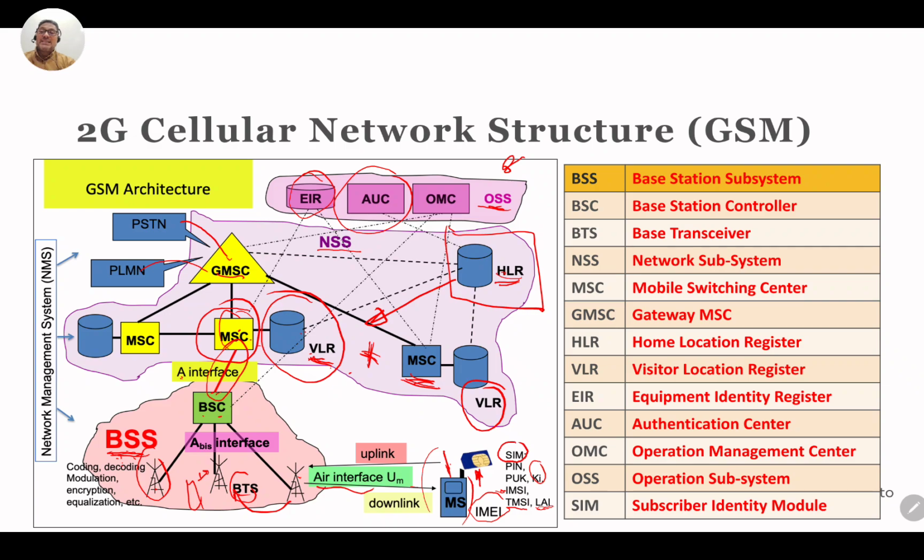So protecting the message and protecting the identity: those are the two things the authentication center should take care of. And the equipment identity register holds the registry of all mobile phones; the IMEI numbers are updated in that EIR.